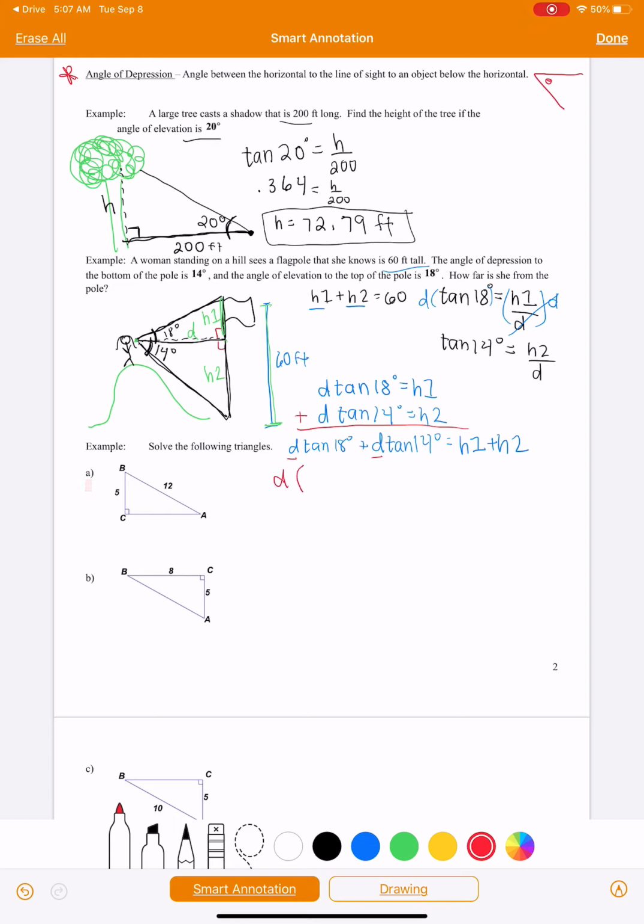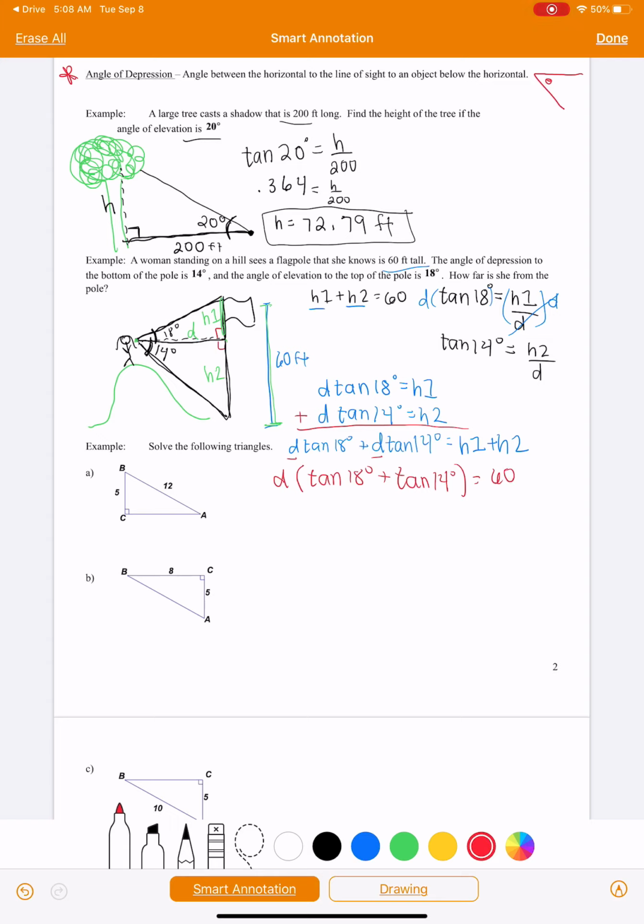That leaves me with tangent 18 plus tangent 14, like reverse distributing. Notice if I distribute this D back out, I would end up where I started. And we know h1 plus h2 is 60. All right, so we're getting somewhere.